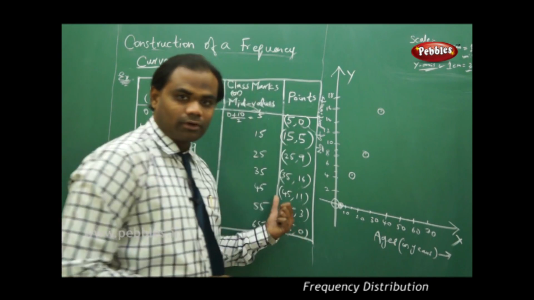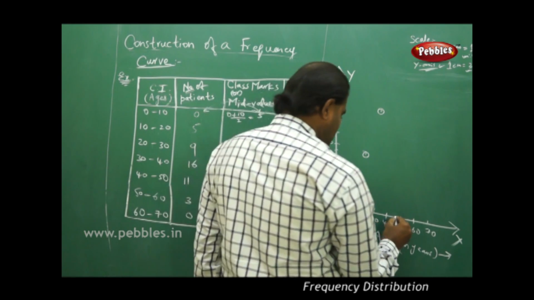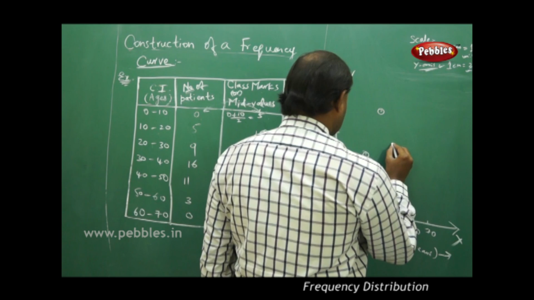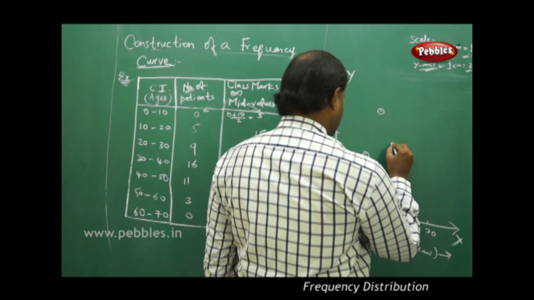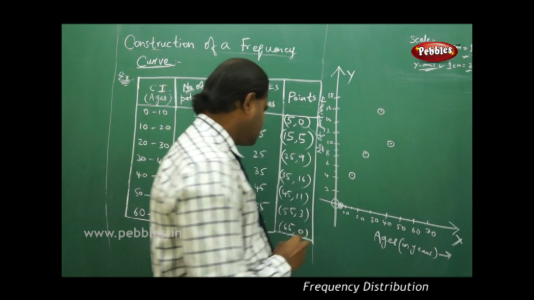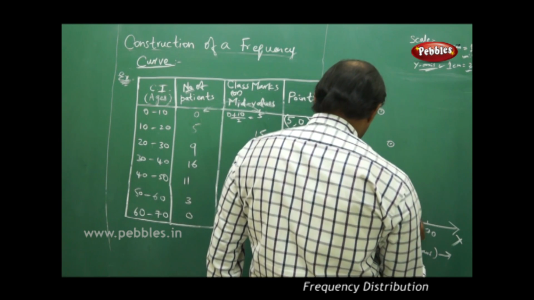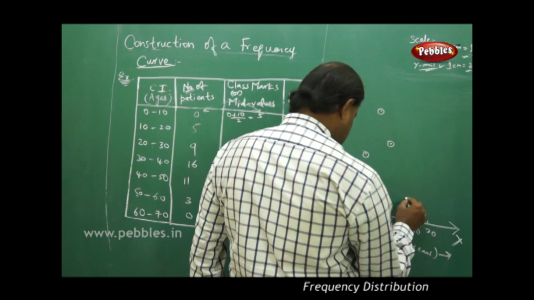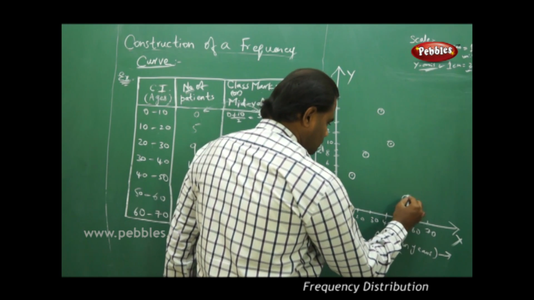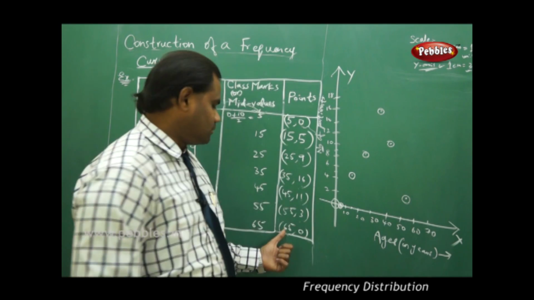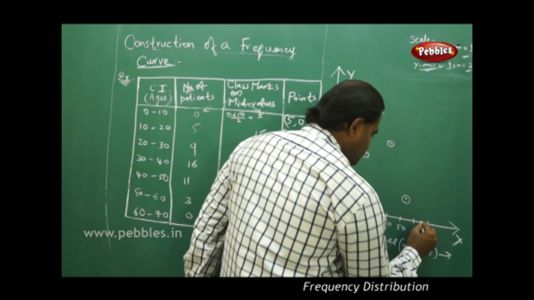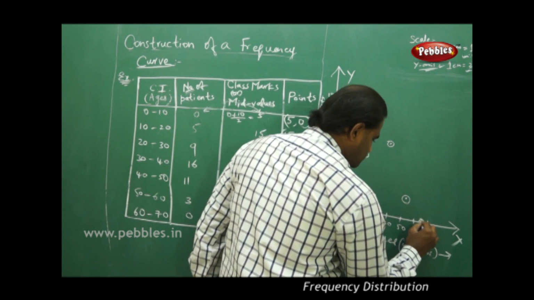The next comes (45, 11), and then (55, 3). My x coordinate is 55 and my y coordinate is 3, which lies between 2 and 4. Then finally (65, 0), which comes somewhere here.